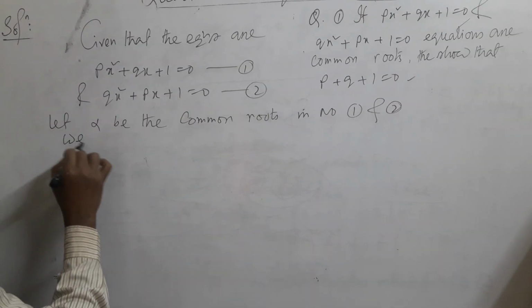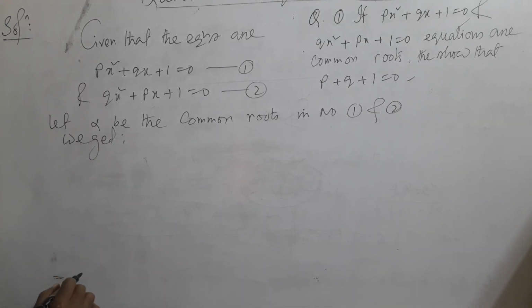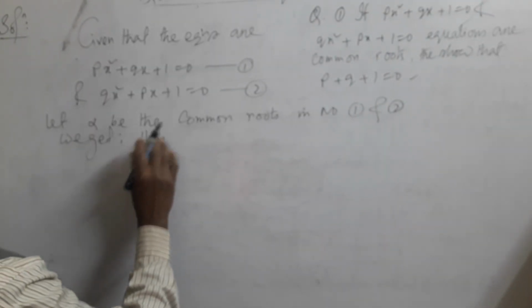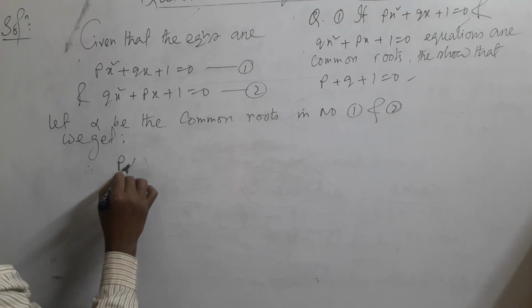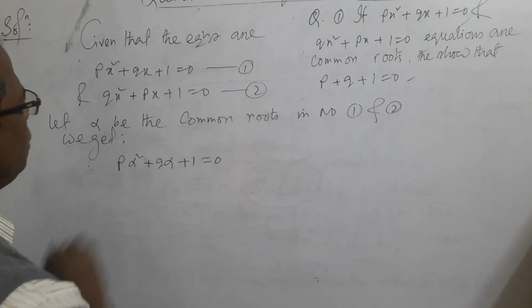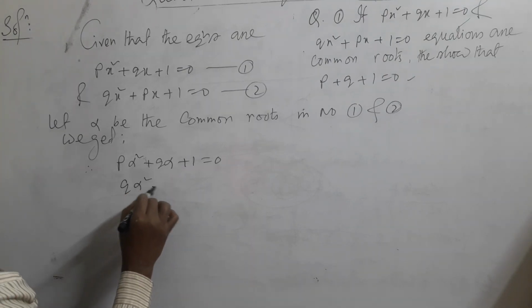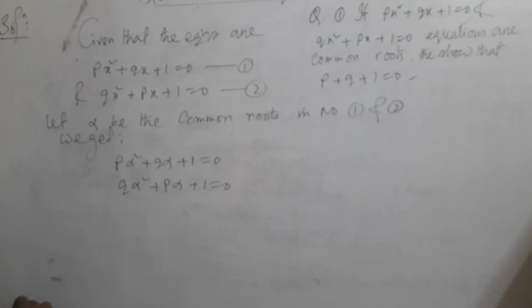We get p alpha square plus q alpha plus 1 equal 0, and q alpha square plus p alpha plus 1 equal 0.